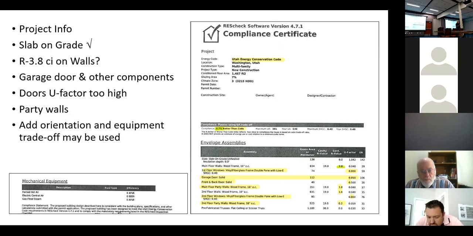Does ResCheck not do that? No, what you're talking about is partition walls, where it's not outside temperature, but ResCheck doesn't do that. At least Wolfie would say it doesn't give you full credit for being interior, but it knows that it's not exterior.